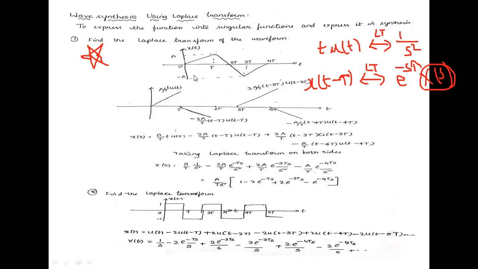But here, instead of a slope with magnitude a, the magnitude is 1 only. So there is no need for a ramp; it is a simple mu of t signal. What is the Laplace transformation of mu of t?